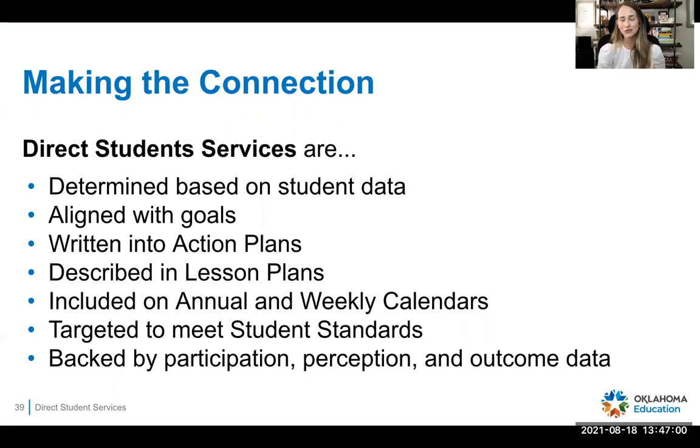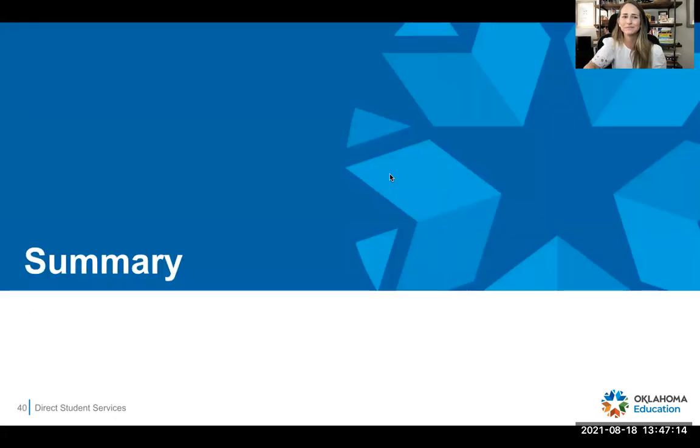Spending my time in direct student services matters. So you can see there how many elements of the ASCA National Model are all connected to direct student services, right? These aren't standalone elements.